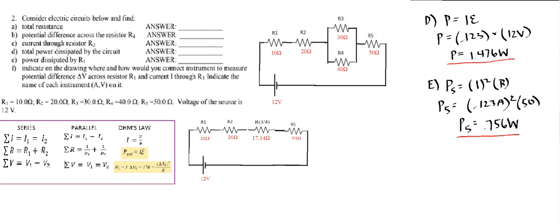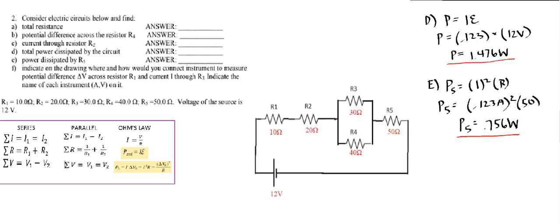For the last part, part F, asks us to indicate on the drawing where and how you connect instruments to measure potential difference, so we can use our voltmeter for potential difference across resistor 1 and the current through resistor 3. Indicate the name of each instrument, A or V, so the ammeter or the voltmeter. So using our original circuit, to find the potential difference across resistor 1, we'll go before resistor 1 and after resistor 1.